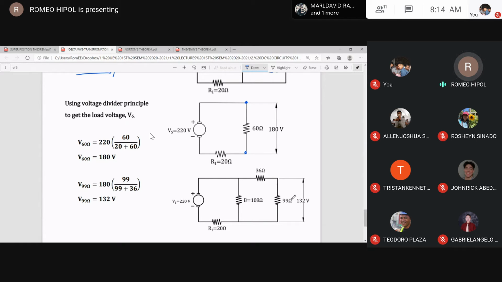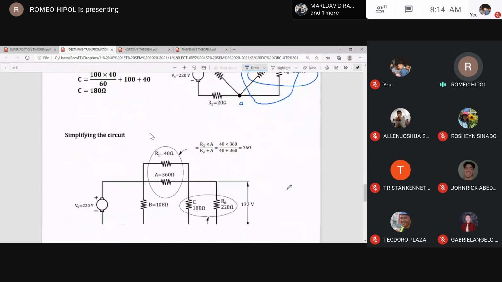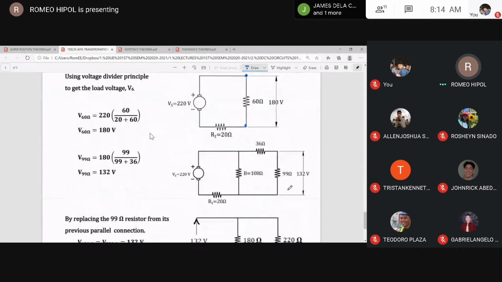So, yung 99 ohm, yung i-consider nating voltage output. Bakit? Kasi andito nakakonect yung 220 ohm. Okay? So, by applying voltage divider principle, we have an initial ulit na ito na yun.